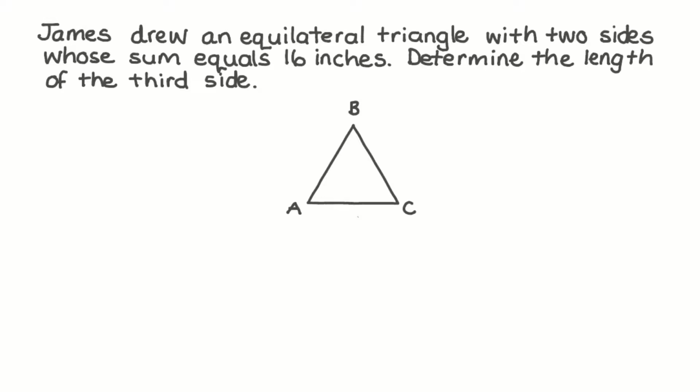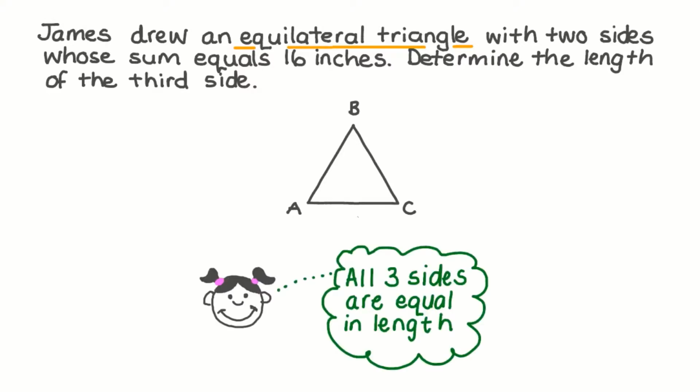James drew an equilateral triangle with 2 sides whose sum equals 16 inches. Determine the length of the third side. In this question, we're given a triangle ABC, and we're told it's an equilateral triangle. What do we know about equilateral triangles?